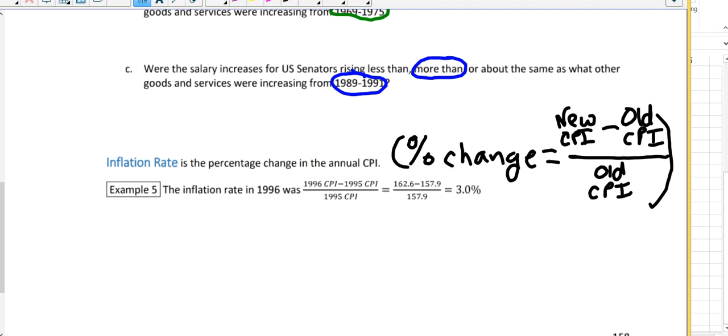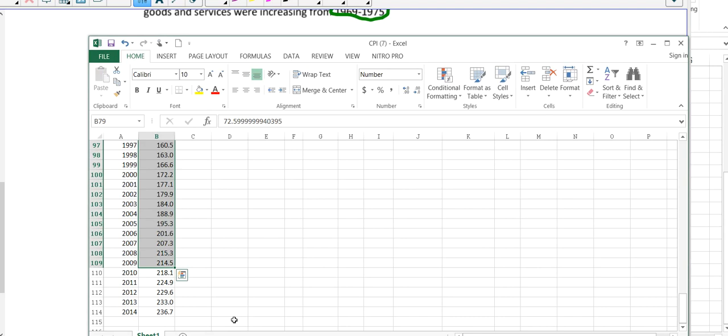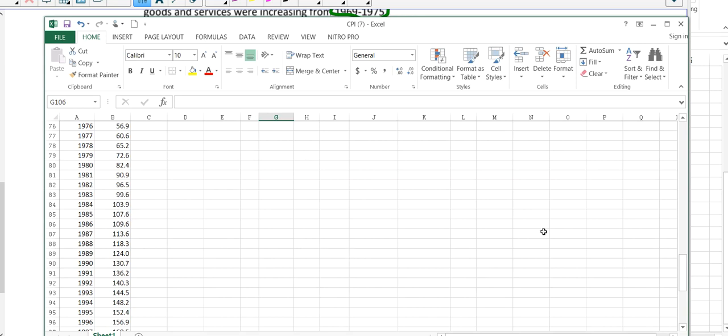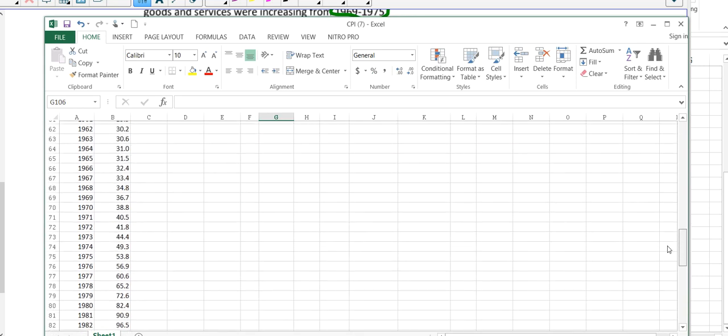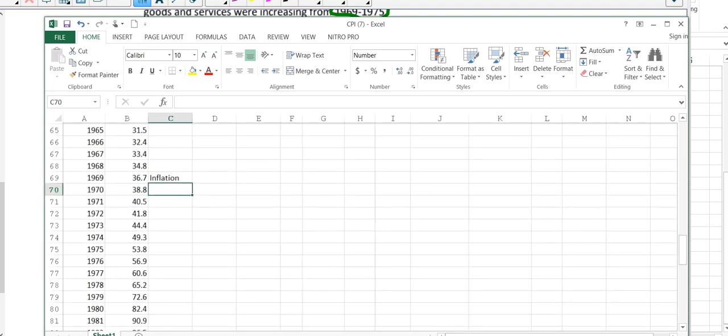For example, in your individual assignment, I ask you to compute the inflation for some sequence of years. I can't remember exactly which ones, so let's do a little bit of that here so you'll know when you do that assignment. Let's say I have you do it for the 70s and 80s. Remember, inflation is just the percent change in the CPI.